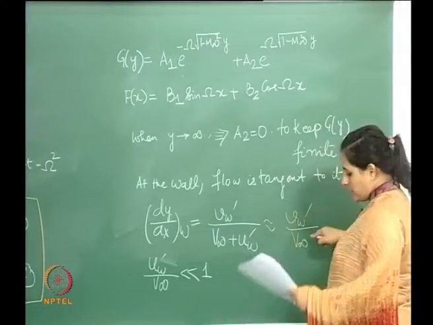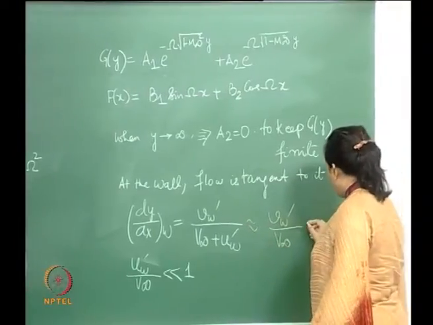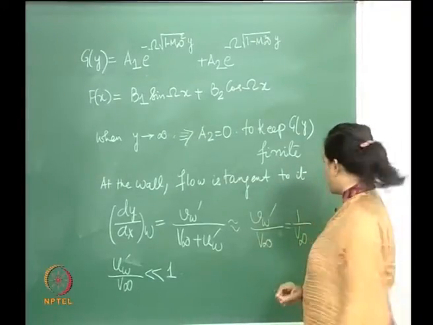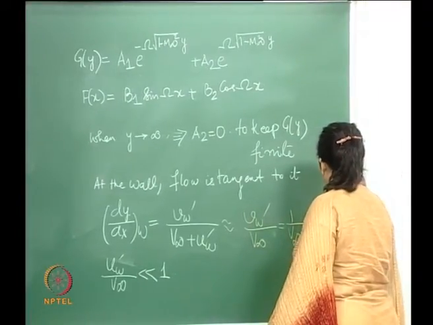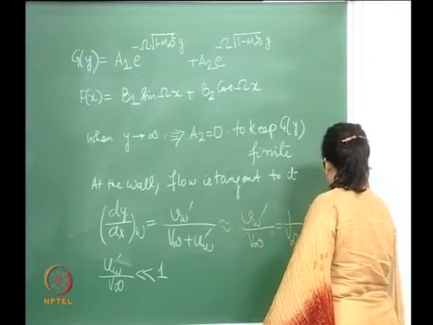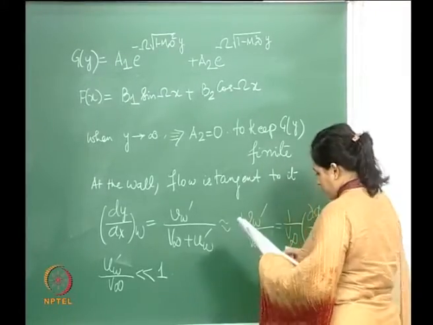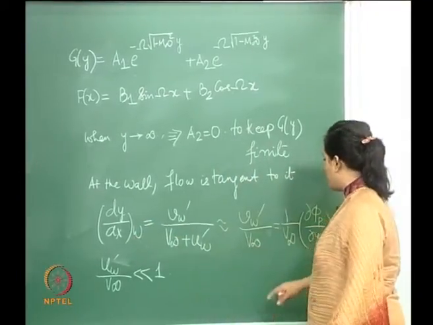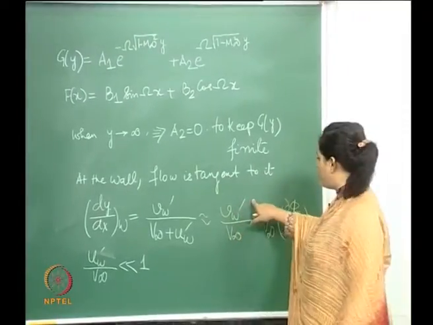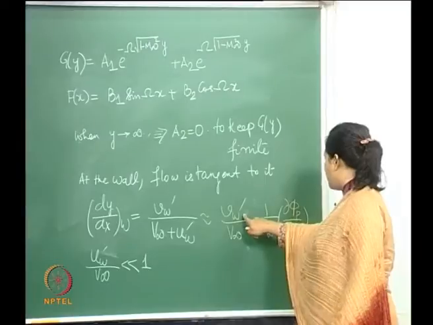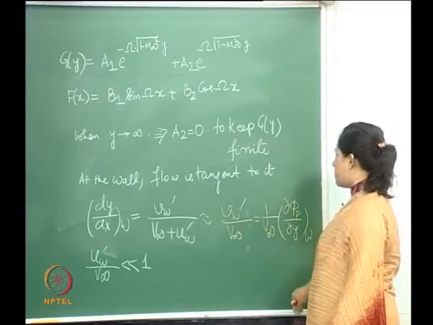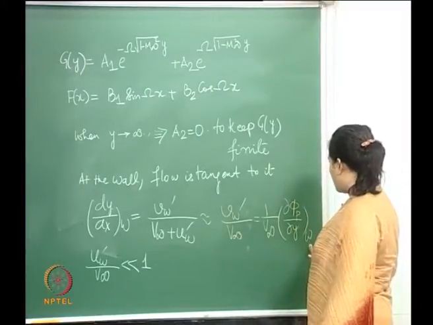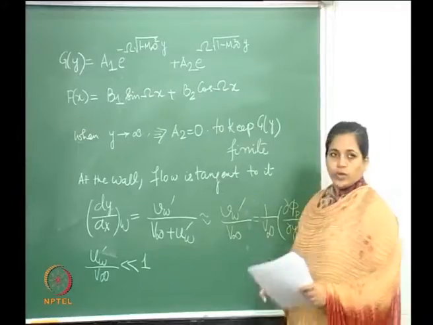If I can write it like this, then this I can also write in terms of the perturbed velocity potential. So, therefore, the slope here is Vw prime, and I write Vw in terms of the gradient of the perturbation potential in the y direction at the wall. So, this is an expression that we get.